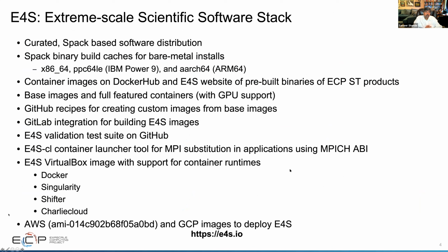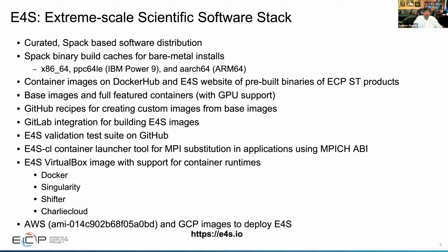So in case you're wondering, what is E4S? It's a curated Spack-based software distribution. E4S provides Spack binary build caches for bare metal installs for a number of platforms. These include x86-64, IBM Power 9 or PPC64LE, and ARM64, AArch64 platforms.